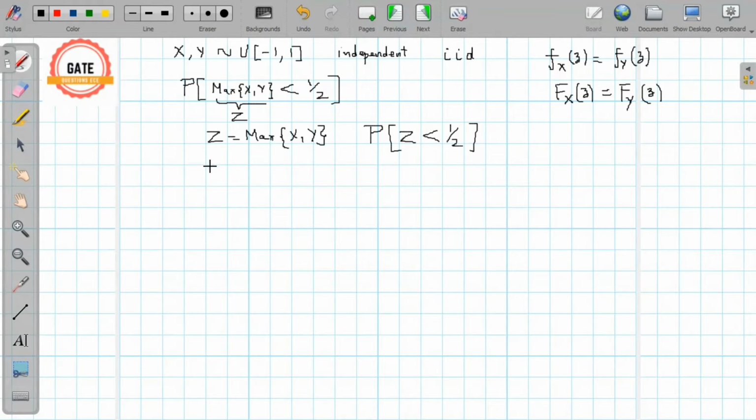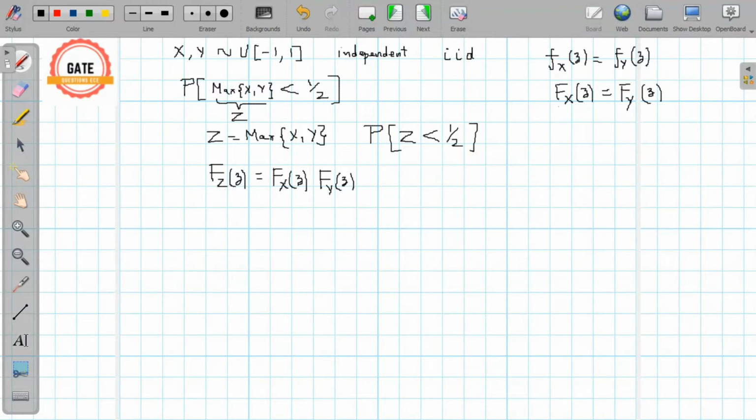And also from the previous discussion, we know that if z is the maximum among x and y, then the CDF of z for the independent case will be equal to the CDF of x for the same sample value z multiplied with the CDF of y for the same sample value z.